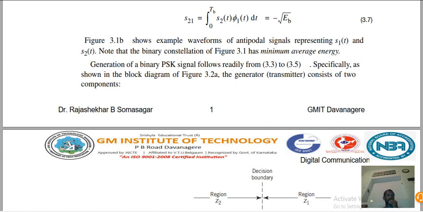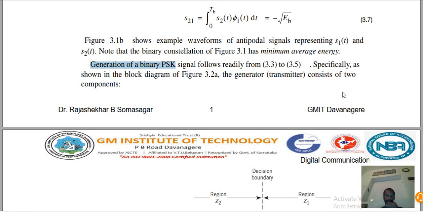Next I will move on to the generation of the PSK signal. We have already derived these equations, and we are taking them directly from equations 3.3 and 3.5, specifically shown in the block diagram of figure 3.2a.